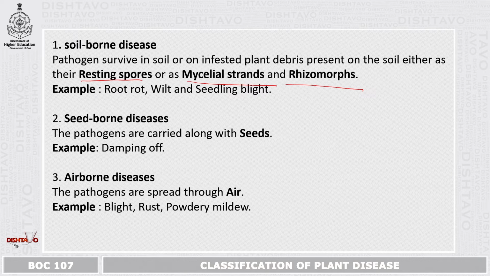Second is seed-borne disease. The pathogens are carried along with the seeds. The example is damping off disease. Third we have air-borne diseases. Basically the pathogens are spread through the air. The examples of this disease are blight, rust and powdery mildew.